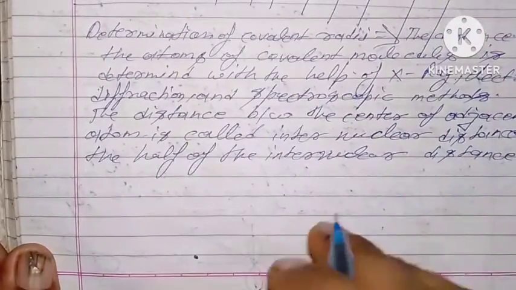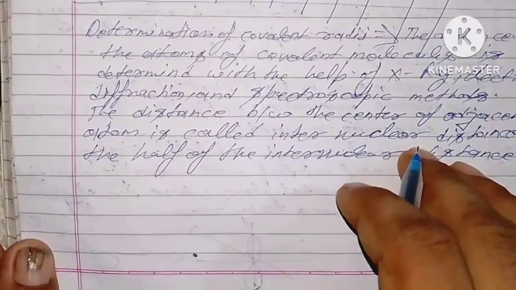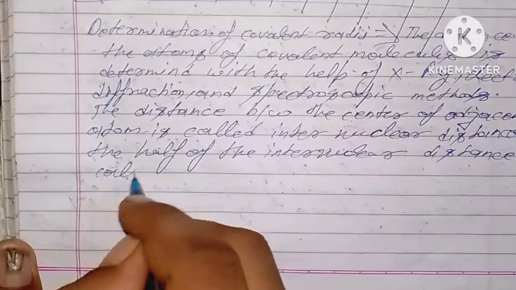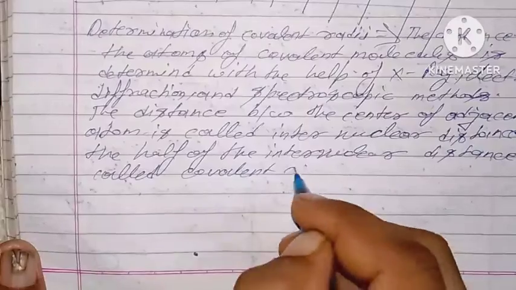Half of the internuclear distance is called the covalent radius.